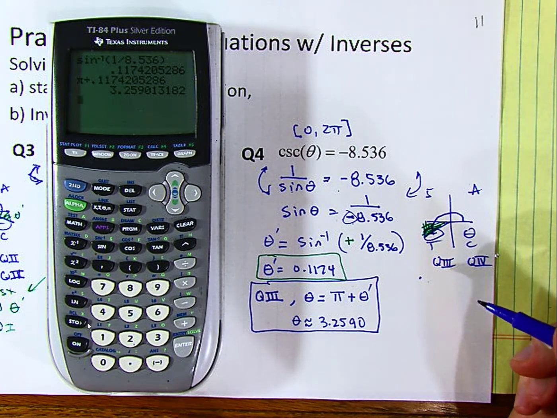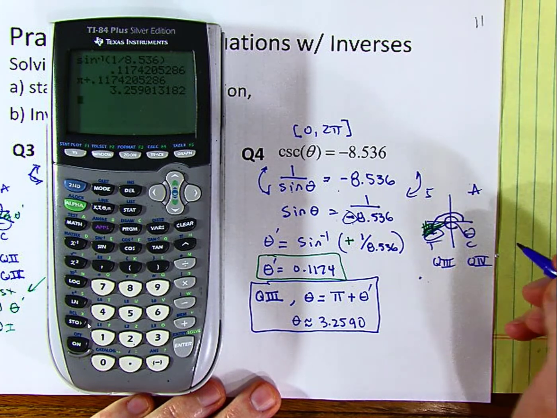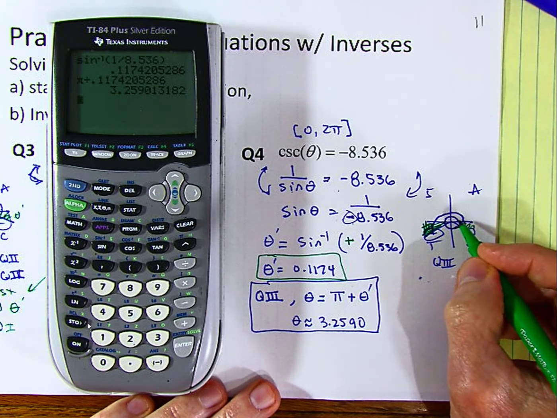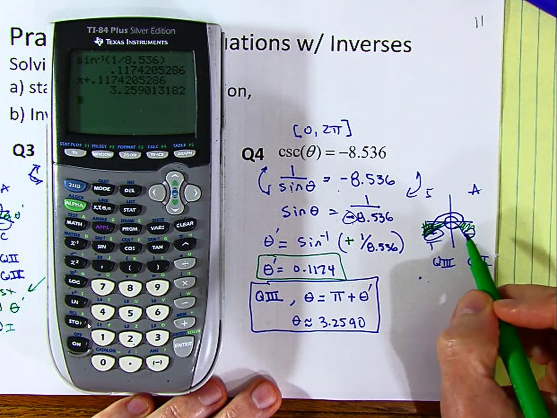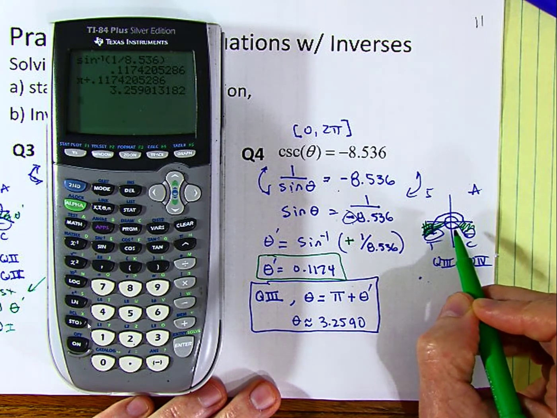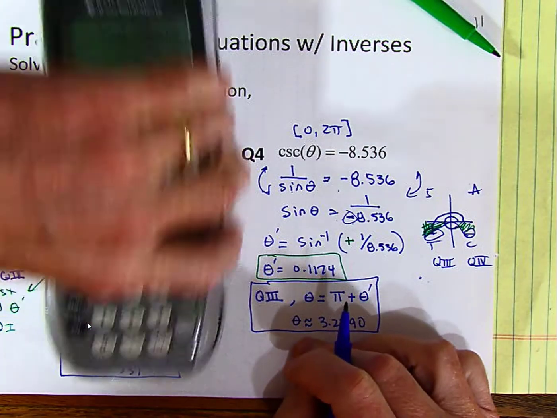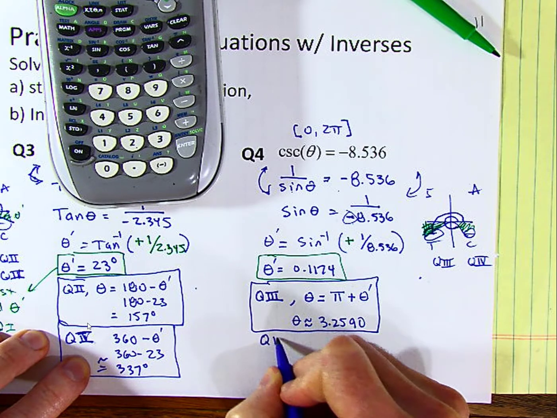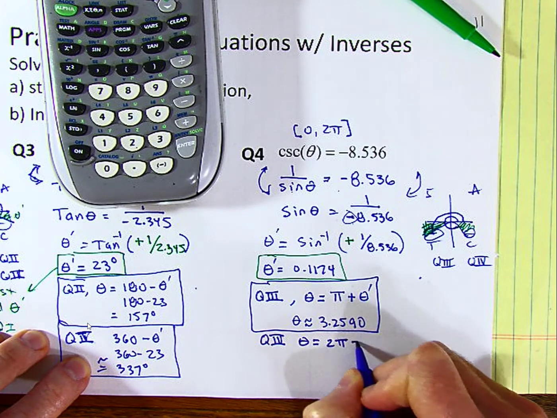And let's do one more. I need quadrant 4. So this time the angle is way over here in quadrant 4. And this little piece here would correlate to the reference angle. So it's like all the way around the circle, 360 or 2 pi. And so if I take 2 pi and subtract off this little green segment, I will be getting the fourth quadrant angle. So very similar to this problem, it was 360 minus the reference angle. Well, in quadrant 4 this time, the real angle is 2 pi minus the reference angle.